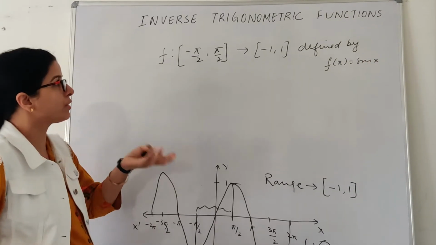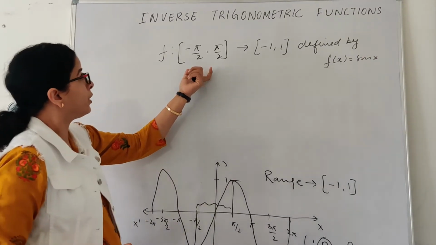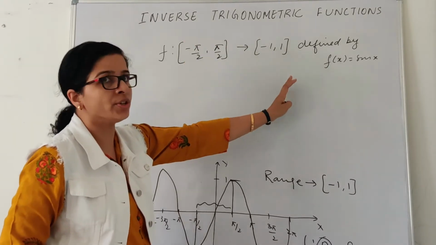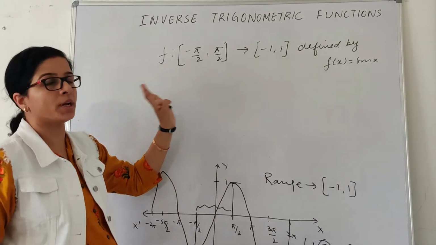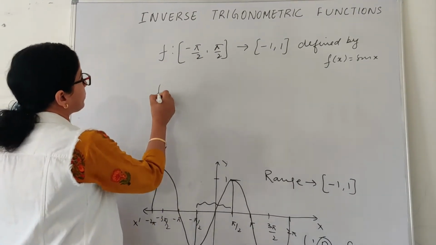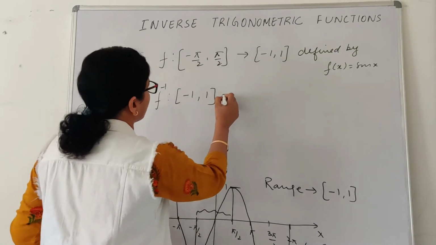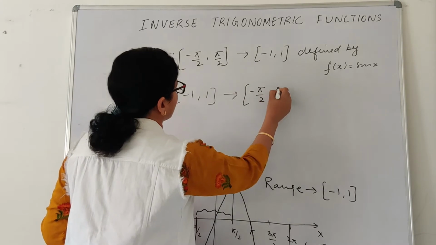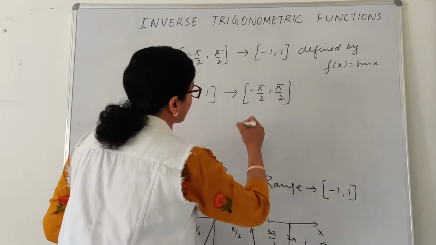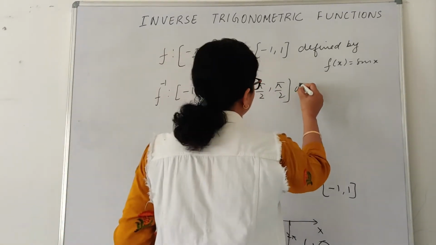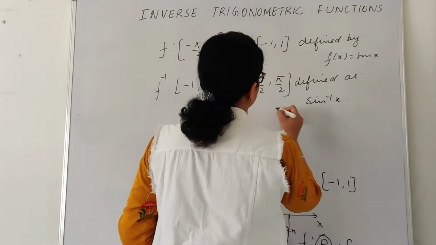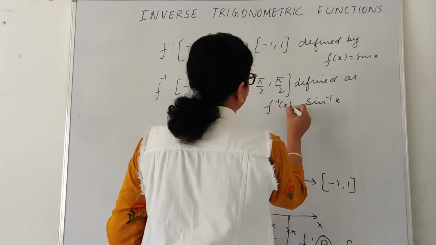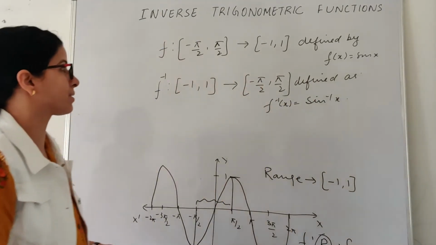If I want to define my inverse function, my domain will become the range and the range will become the domain. So f inverse: [-1, 1] to [-pi by 2, pi by 2], and it is defined as f inverse x is equal to sin inverse x.